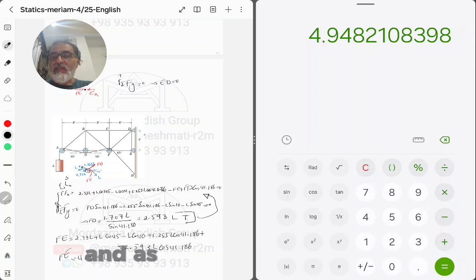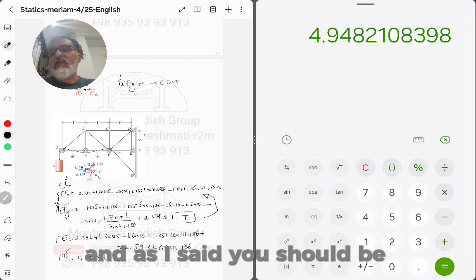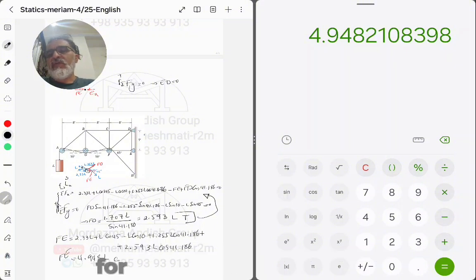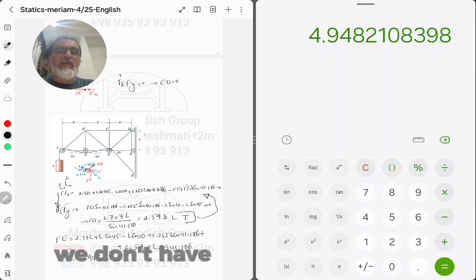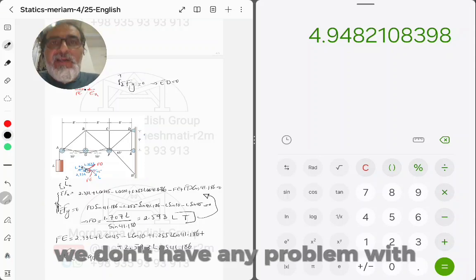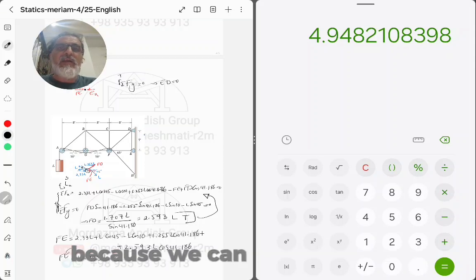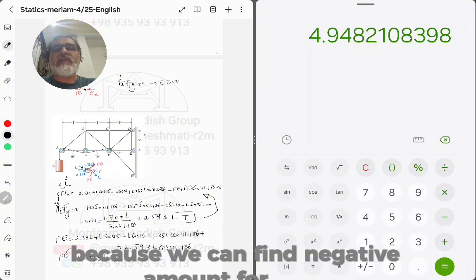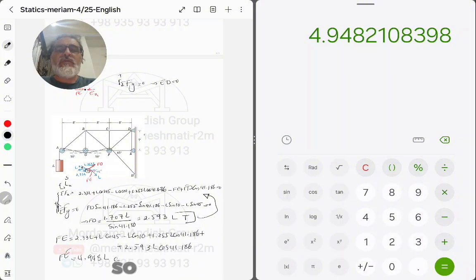And as I said, you should be careful for known forces, because we don't have any problem with unknown forces, because we can find a negative amount for them, so we can find that we considered the direction of them wrongly.